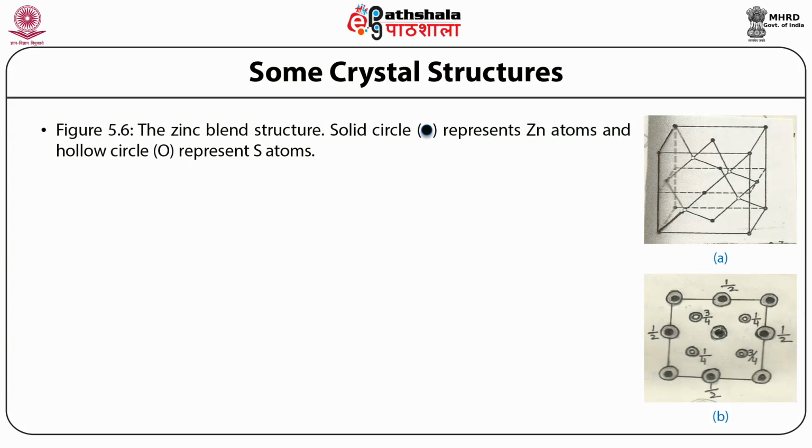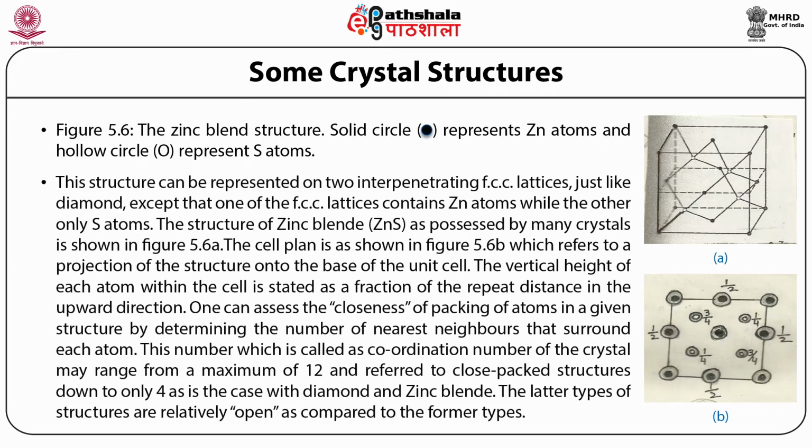The solid circles represent Zn atoms and hollow circles represent S atoms. This structure can be represented as two interpenetrating FCC lattices, just like diamond, except that one of the FCC lattices contains Zn atoms while the other only S atoms.